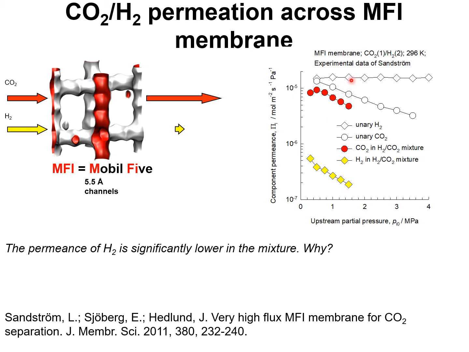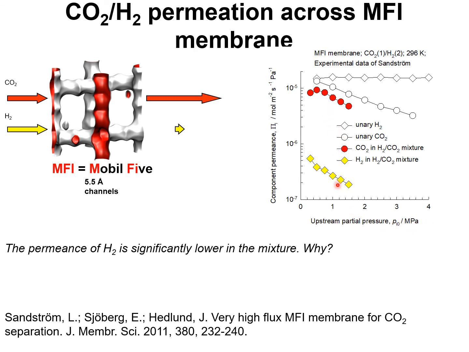We note that the permeance of hydrogen in the mixture is about 1.5 to 2 orders of magnitude lower than the unary permeance. On the other hand, the permeance of CO2 in the mixture is only slightly lower than the pure component permeance when the component permeances are plotted against the upstream partial pressures Pi0.